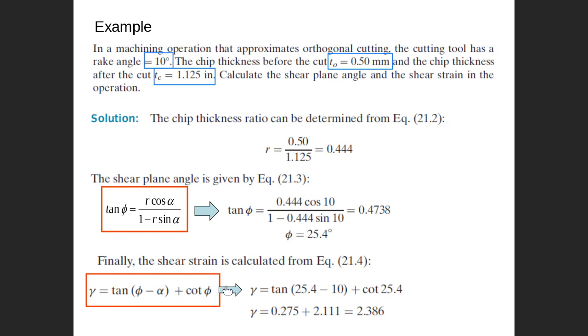The shear strain is dimensionless: tan of phi minus alpha plus cotan phi, with alpha 10. It is 2.386, a deformation ratio. This is the shear strain, right?